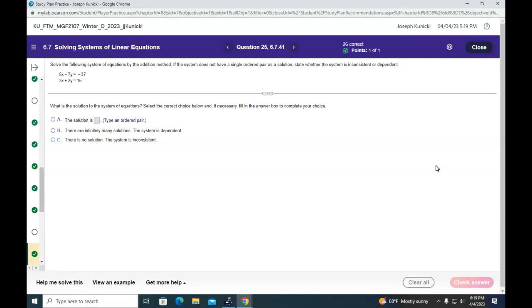I'm going to multiply the bottom equation by, who can guess? The same thing. No, by 7. I get 21x plus 14y. See, the reason I use the y's is because they're already opposite signs. So I just change the coefficients to be the opposite.